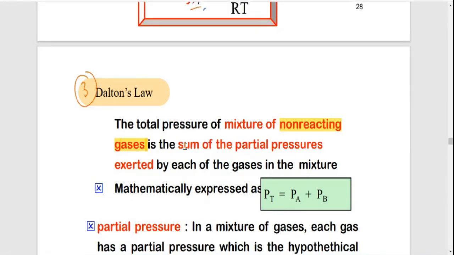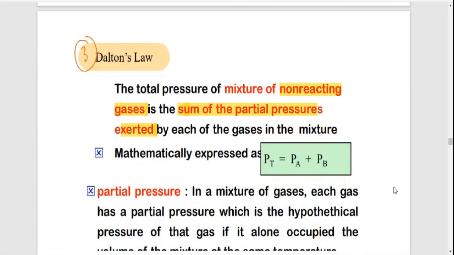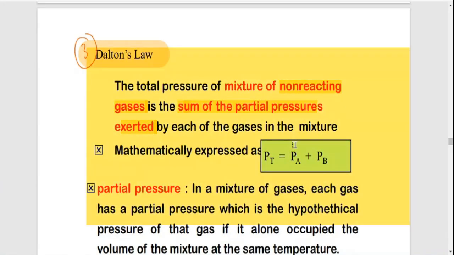So it's the sum of the partial pressure exerted, jumlah pressure yang dikenakan by each of the gases in the mixture. Setiap gas memainkan peranan. So that's why P total actually is PA plus PB or PC, PD tambah, is the sum. So this one we consider as partial pressure.